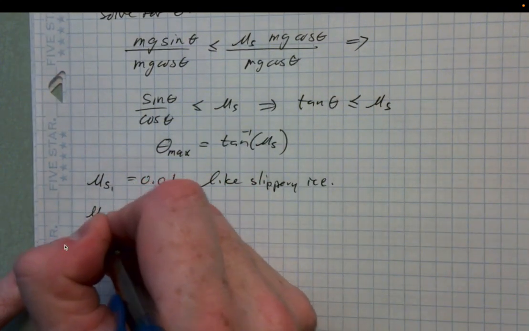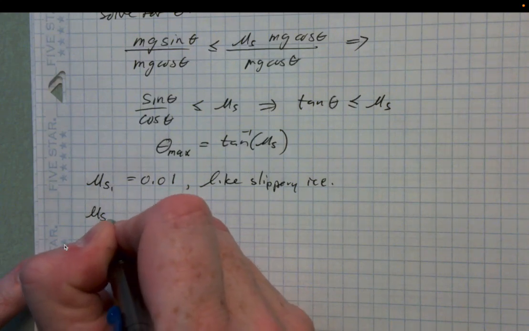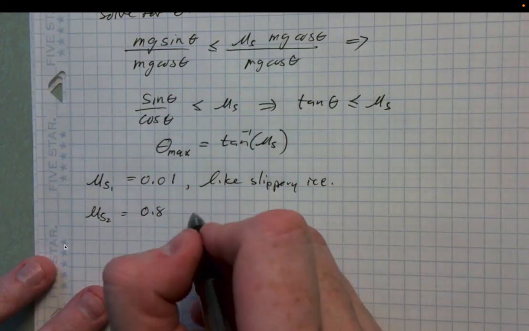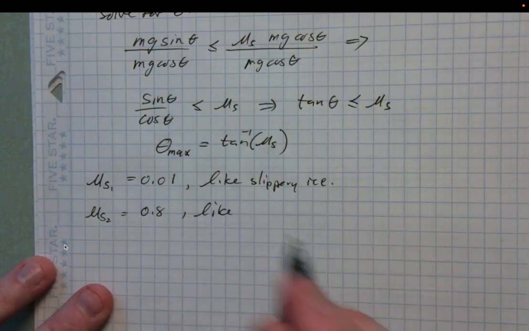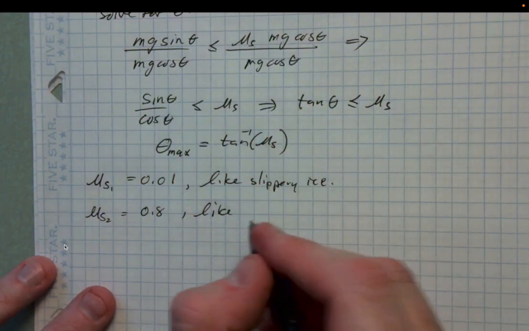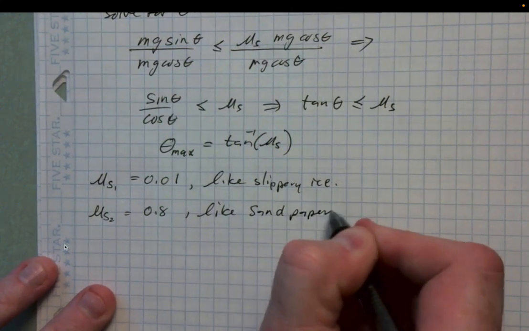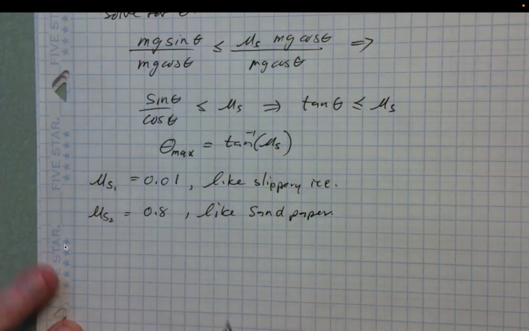And then we'll also try mu sub s2 set to 0.8, and this would be more like sandpaper. Not the roughest sandpaper, but a rougher surface. Smooth and rough.